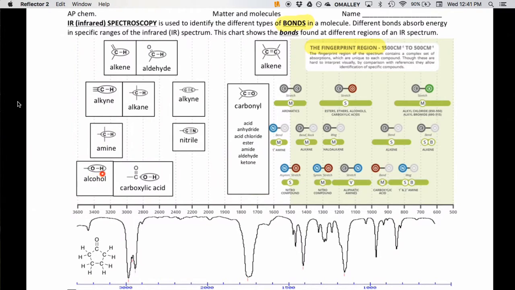So an OH single bond would show up rather high, in like the 3400s or so. It could be lower than that if it's attached to what's called a carboxylic acid, but otherwise know that those two are essentially the same bond. And it's drawn very low on this graph to mean that if we saw this in a spectrum, it would actually look like a very large dip like that.